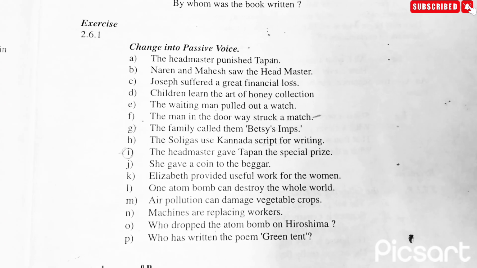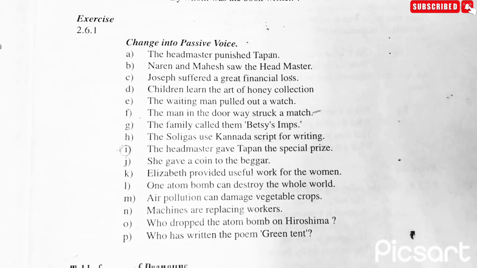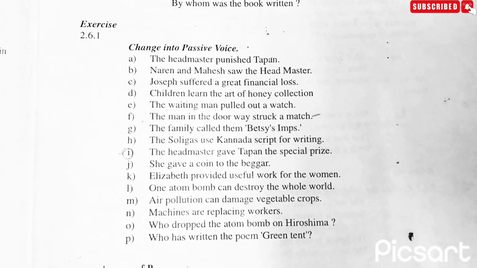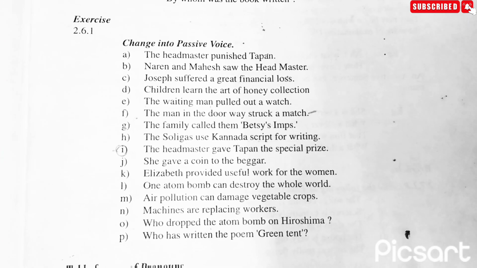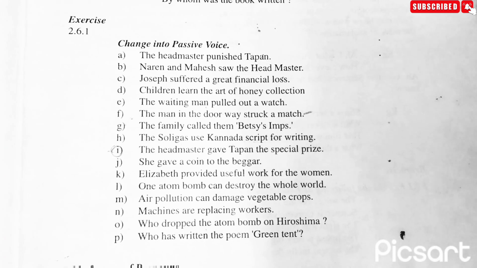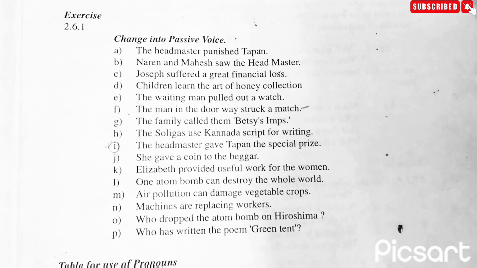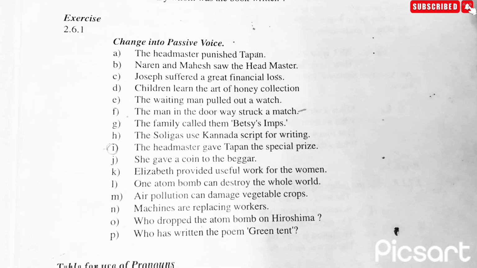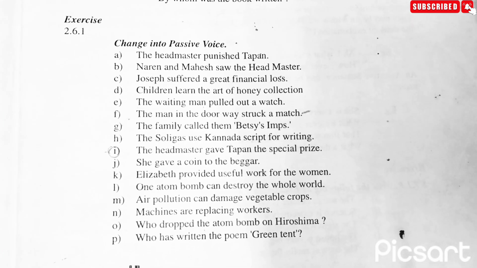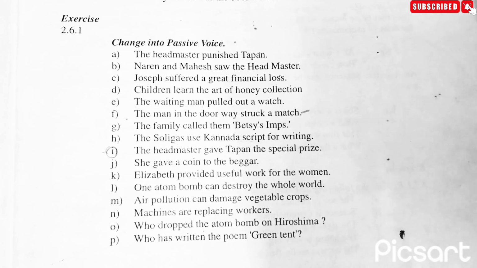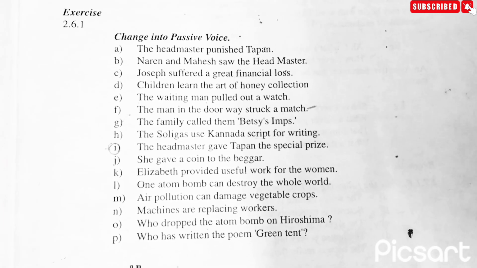Naren and Mahesh saw the headmaster. Joseph suffered a great financial loss. Children learn the art of honey collection. So many examples are there. You must solve them. And if you have any doubt, please ask me in the comment box. And I also solve one or two examples.